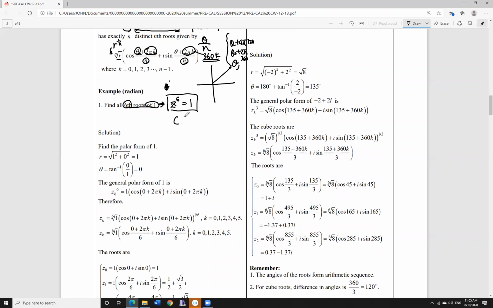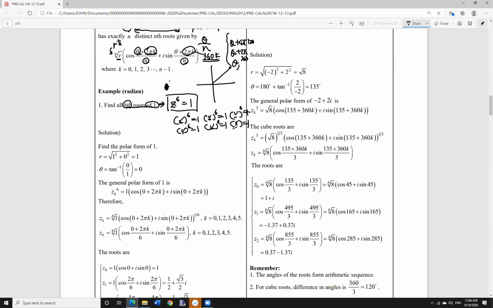When you take the root and raise it to the exponent 6, it is 1. 2, still 1. 3, still 1. 4, still 1. 5, still 1. 6, still 1. We have 1, 2, 3, 4, 5, and 6 roots. We're going to find all 6 roots.